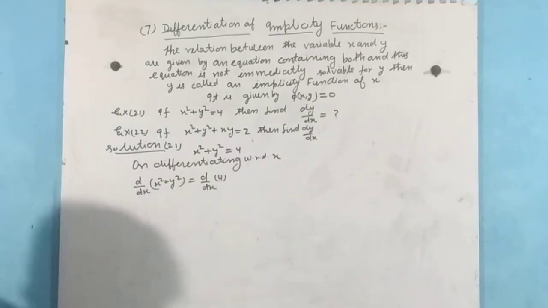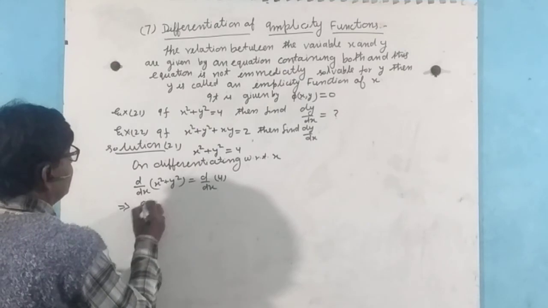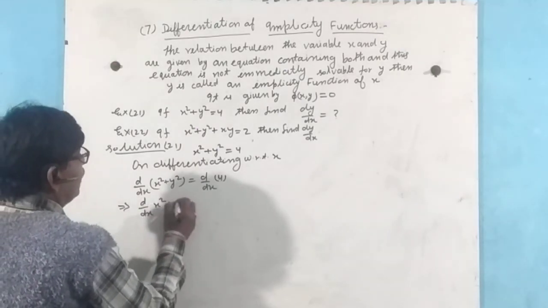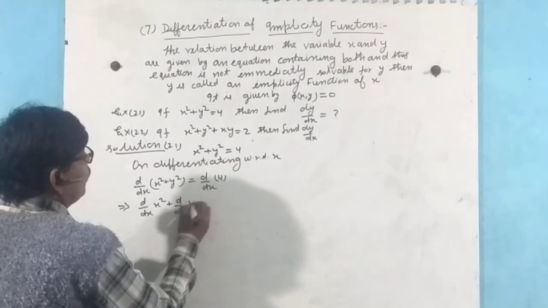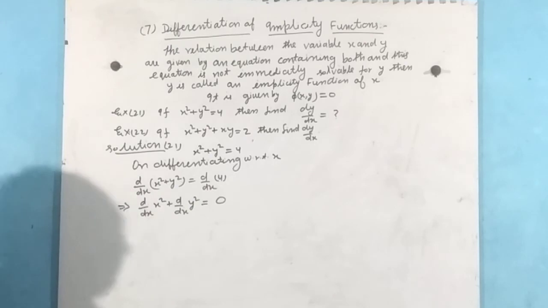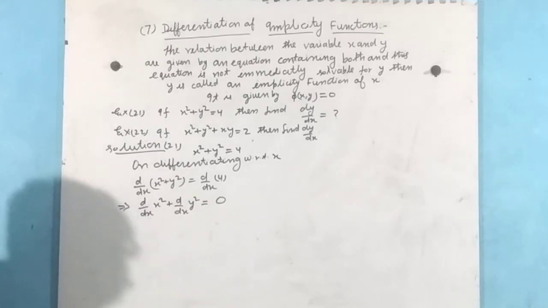Now this is the sum, so this can be written as d by dx x square plus d by dx y square. This is equal to 0 because differentiation of a constant term is equal to 0.